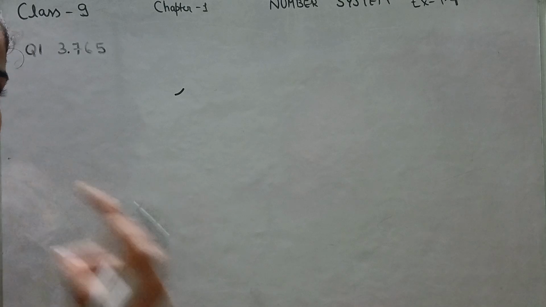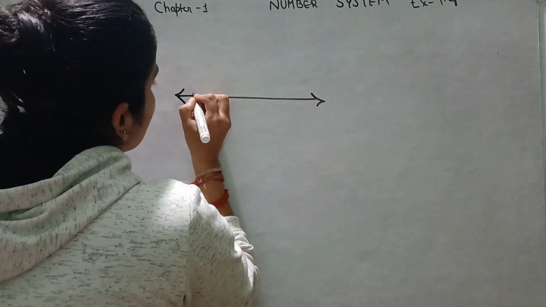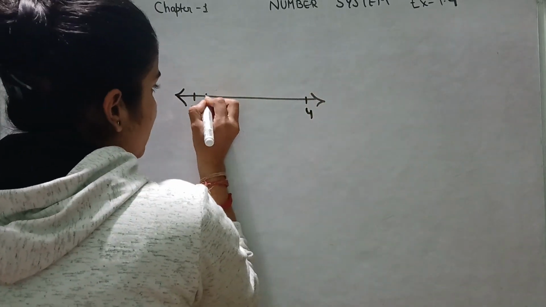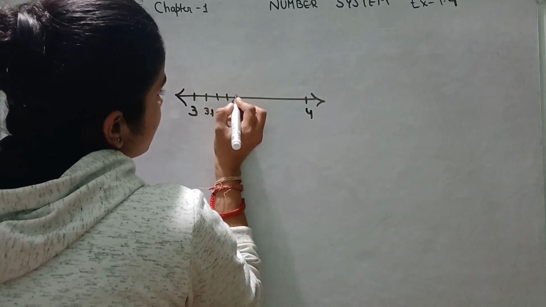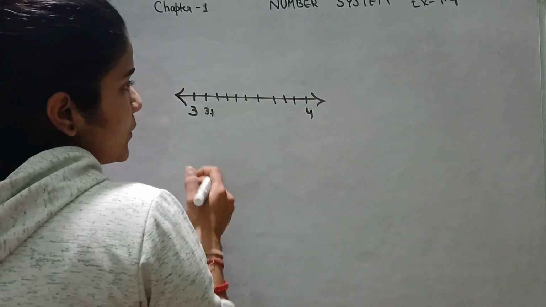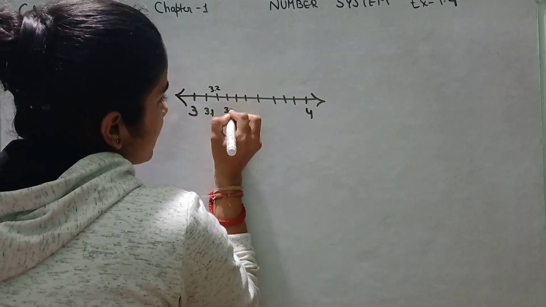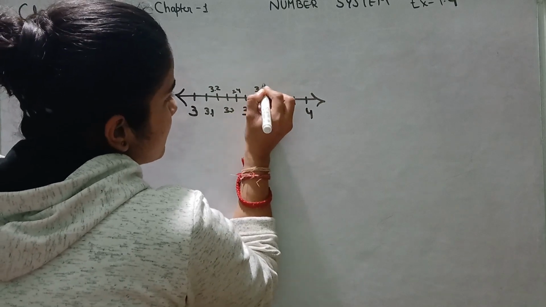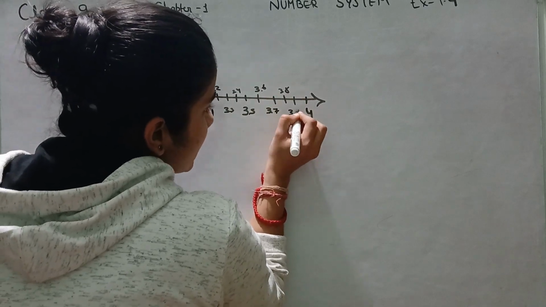So we first need to make a number line between 3 to 4, which contains 3.1, 3.2, 3.3, 3.4, 3.5, 3.6, 3.7, 3.8, 3.9, and this is 4.